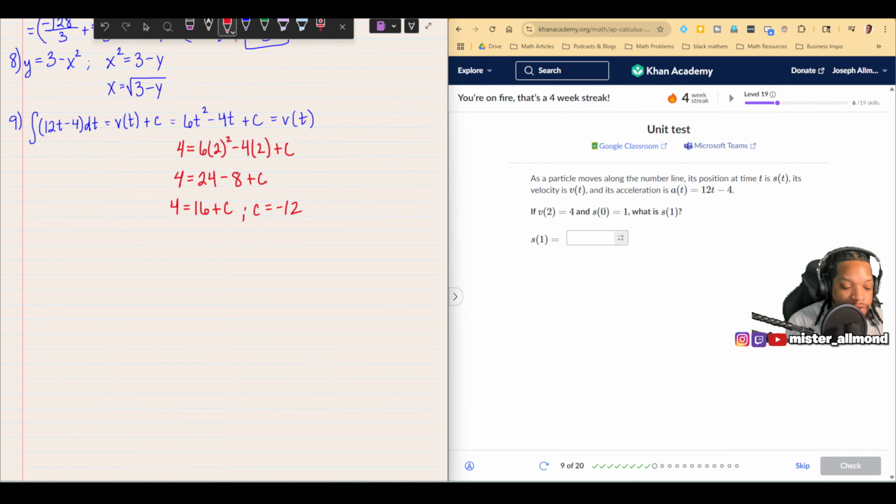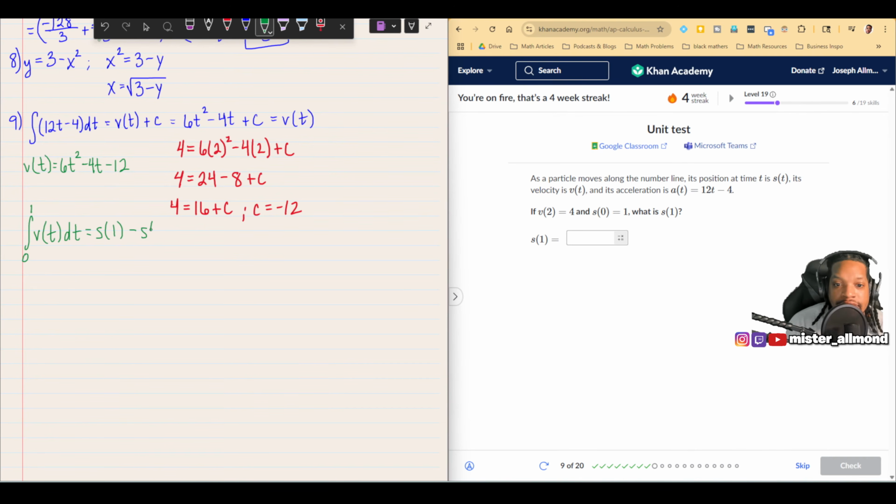But all right, so now I know the integral from 0 to 1. And I know 0 to 1 because those are the two t values that it gives me. My integral from 0 to 1 of my velocity is literally by FTC equal to s of 1 minus s of 0. I'm trying, man. I'm trying to get a 100 the first go around. I'm on number 9.